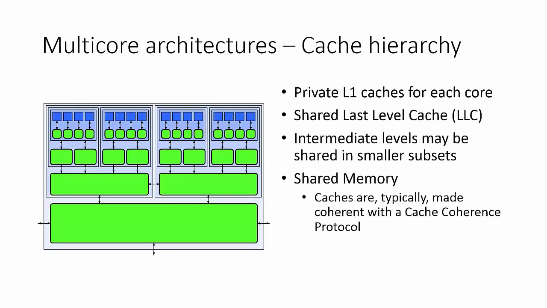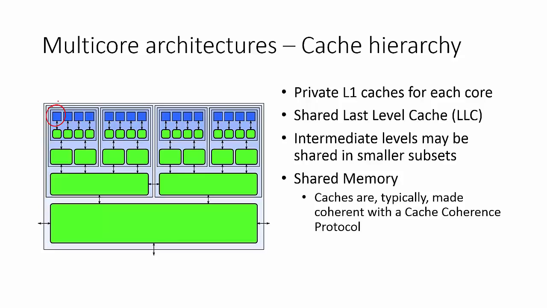A typical multi-core architecture is a processor which has several cores on the same chip, and it's all about the cache hierarchy on these chips. This picture shows a system with 8 cores, the blue squares here, and the green boxes are cache memories.